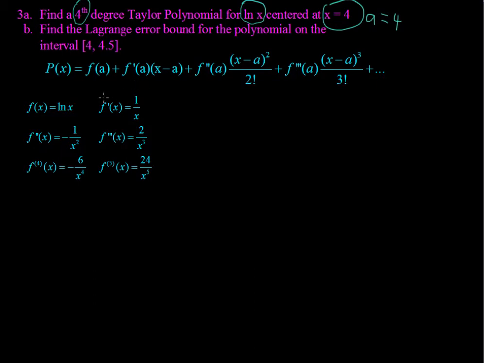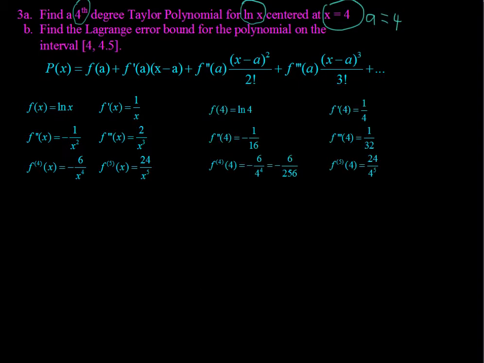It'd be worth it to pause at this point and make sure you understand how to find each of those derivatives: f prime of x, f double prime of x, f triple prime of x, etc. After you find those, you'll need to find the derivatives at x equals 4. So f of 4 is ln of 4, f prime of 4 is 1/4, f double prime of 4 is negative 1/16, f triple prime of 4 is 1/32, and so on.